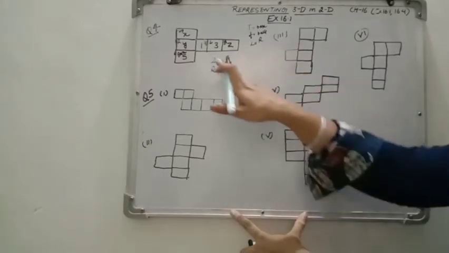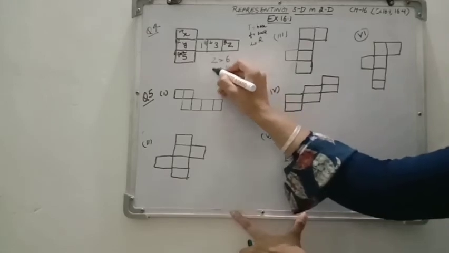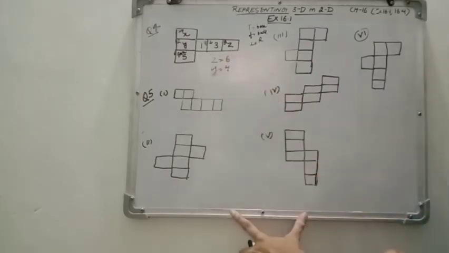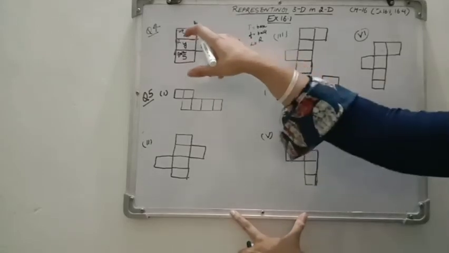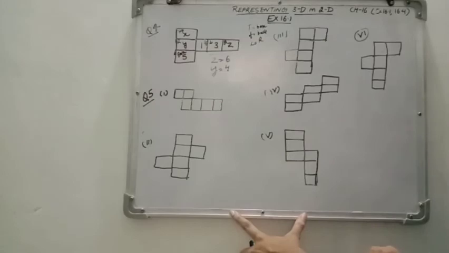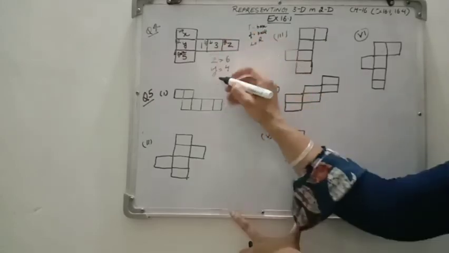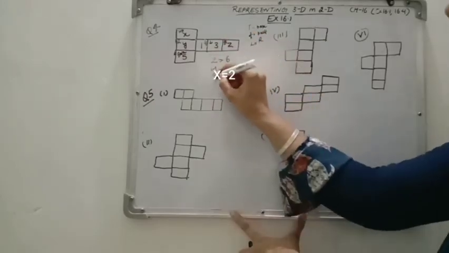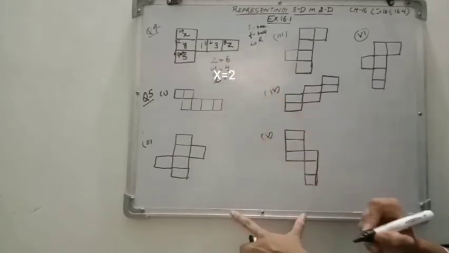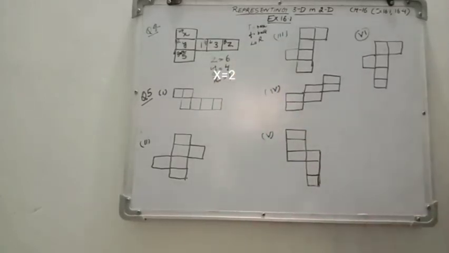Right means Y. Clear? Next is X. If X is top, then what is the base? Bottom, 5. So X becomes 2. Okay. Like that is our answer. Z is 6, Y is 4, and X is 2.